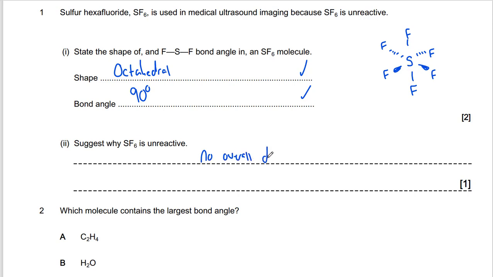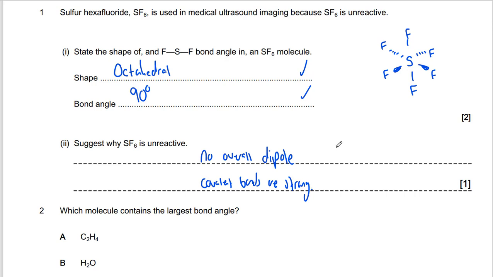Just having no overall dipole is enough. Or you can say its covalent bonds are strong. Either or will do. There's no big thing with this question. It has no overall dipole, so it's not going to be taking part in any mechanisms you know about, and it's got strong covalent bonds, hard to break, so not exactly an easy molecule to work with.